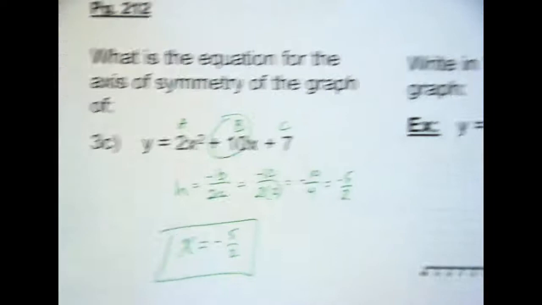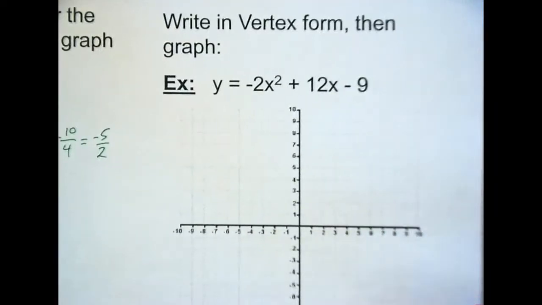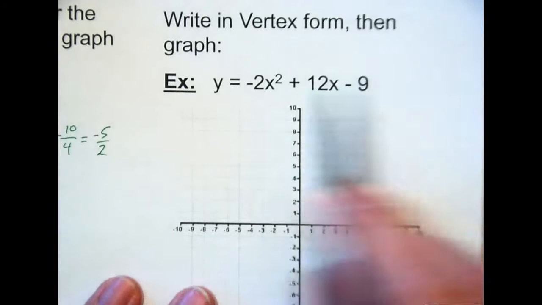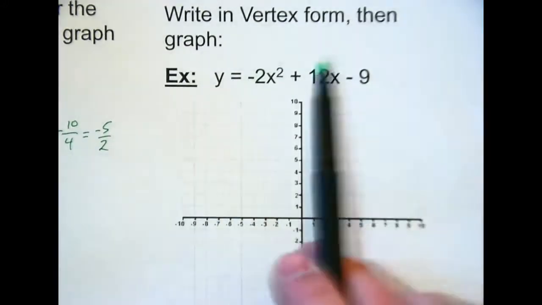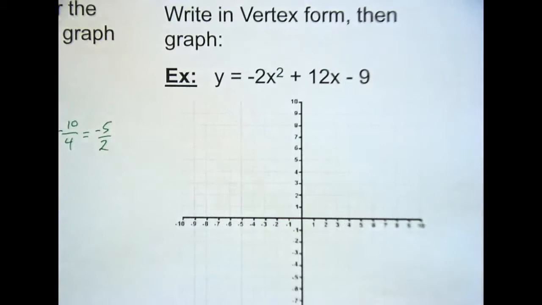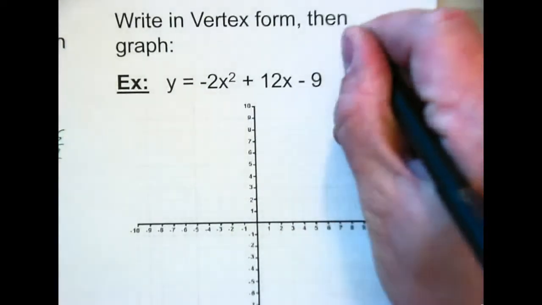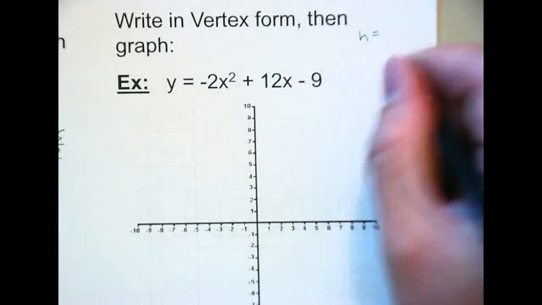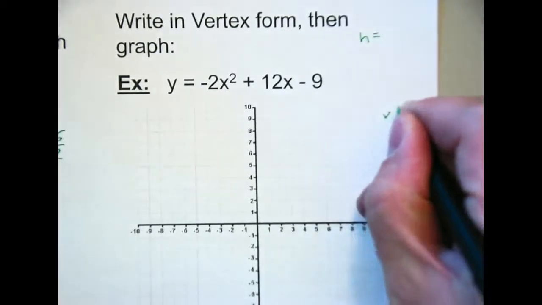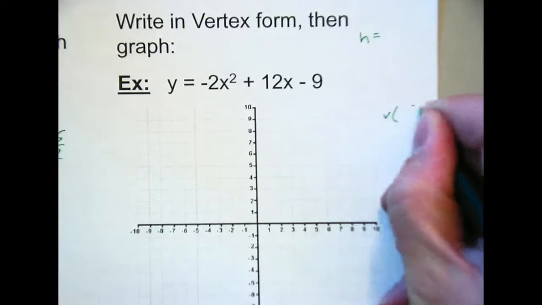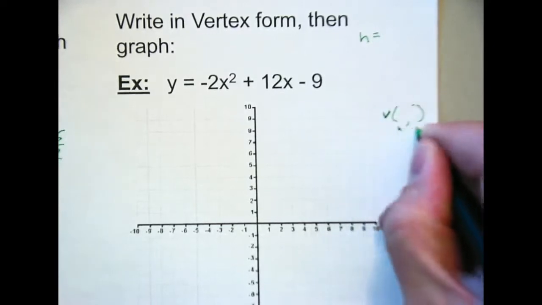So if I'm going to apply that for a graph, I may have an equation that looks like this, a bit different equation. The first thing to do to graph this is to write it in vertex form. So the first thing you need to be able to do is find h. That'll give us the first value of our coordinate for our vertex hk.